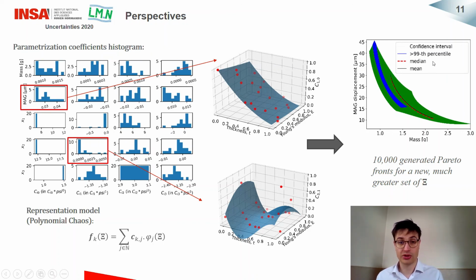But what is more interesting is that we can find much smaller percentiles, like the 99th percentile of Pareto fronts for further analysis. It is a very small percentile that wasn't accessible with the previous dataset.